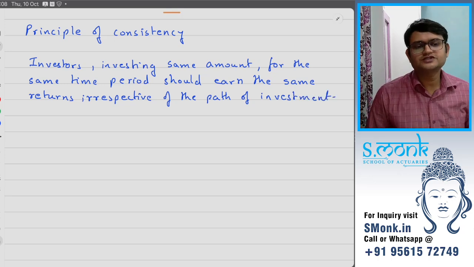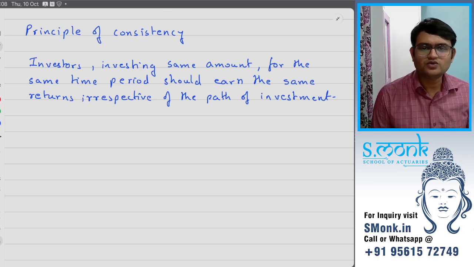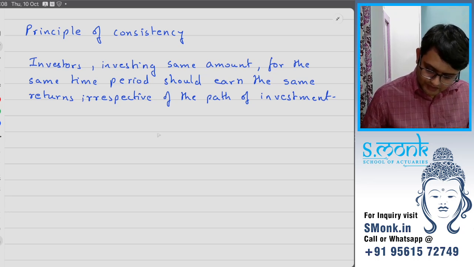So the principle of consistency says that investors investing the same amount for the same time period should earn the same returns, irrespective of the path of the investment. Let's say we have two different investors.